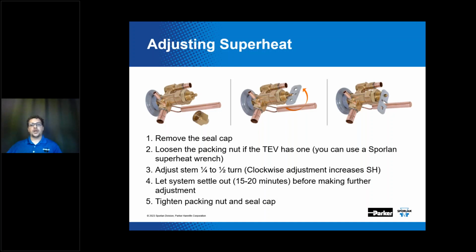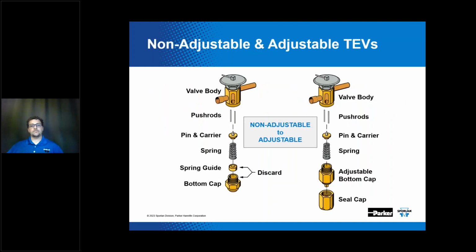Final step is to tighten that packing nut and put on the seal cap. I want to make sure you know that it is important to put that seal cap back on because the seal cap has a knife edge seal and it is constituting the final seal there. All right, here what I'm showing you is a side-by-side of a non-adjustable versus an adjustable TEV. We do sell some non-adjustable TEVs to our original equipment manufacturers.